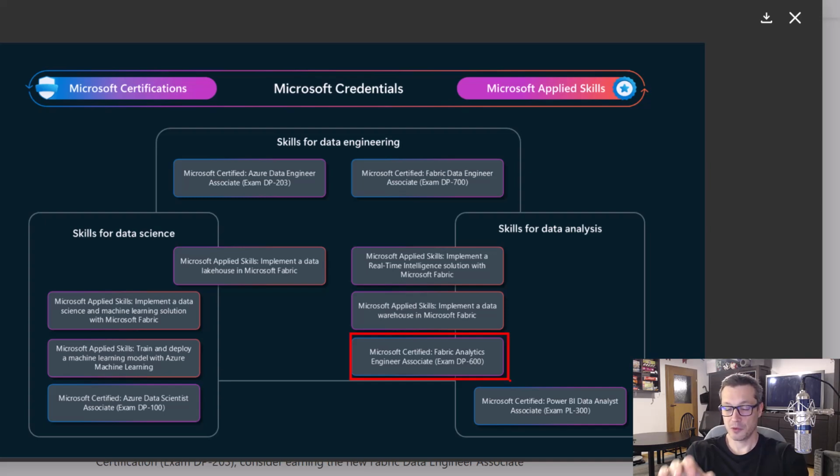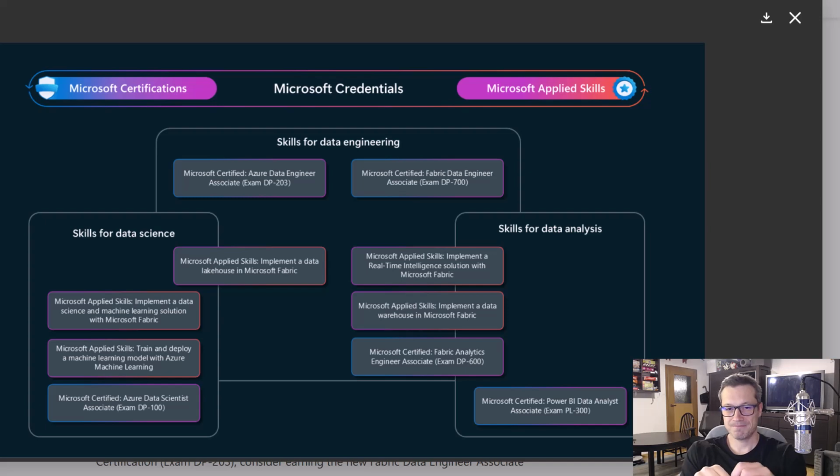So here, if you want to take this exam, you would have to know two different sets of skills, which might be challenging, at least for the beginning. And the newest exam, this DP-700, is put again entirely within skills for data engineering. So that's the overall placement of those three exams.